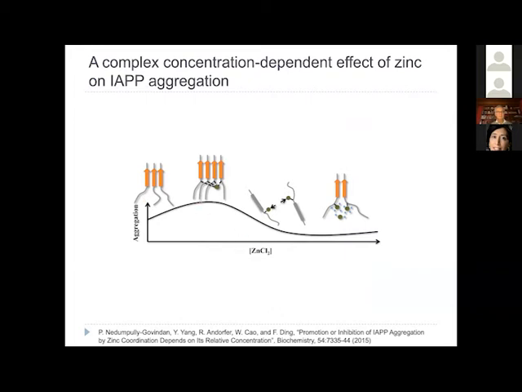With a low substoichiometry of zinc, they may promote oligomers, and those oligomers might facilitate nucleation, decrease lag time and promote aggregation. But then as the ratio increases, this zinc binding to the histidine effectively creates increased electrostatic repulsion that will inhibit aggregation.